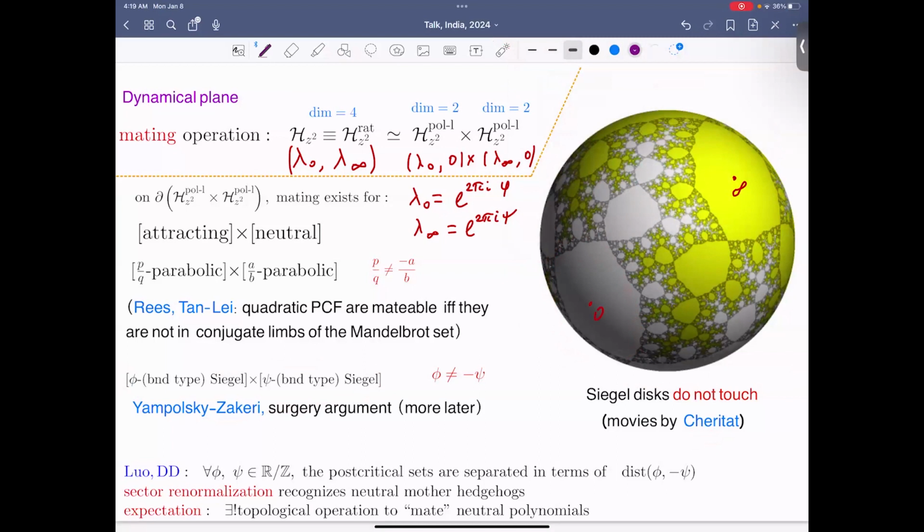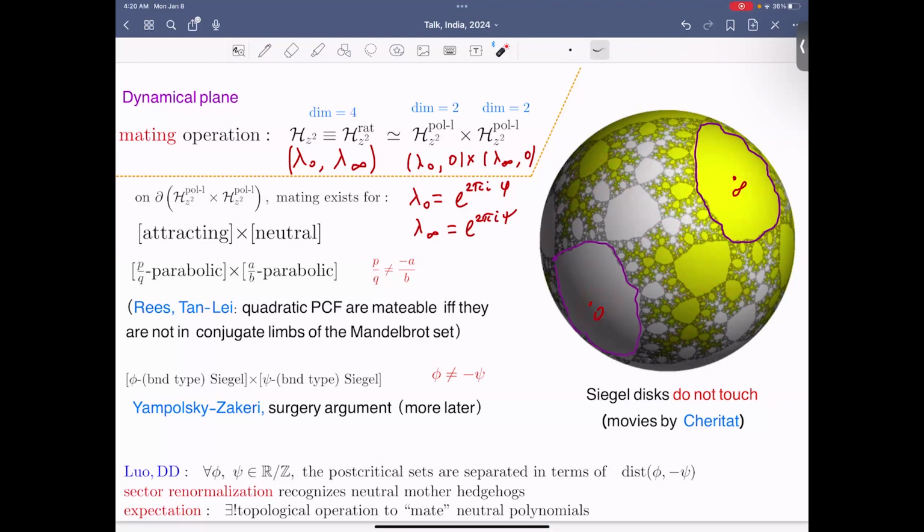The postcritical set will be on the boundary. So this is the postcritical set. As we can see, there is a separation between the postcritical sets associated with 0 and infinity.